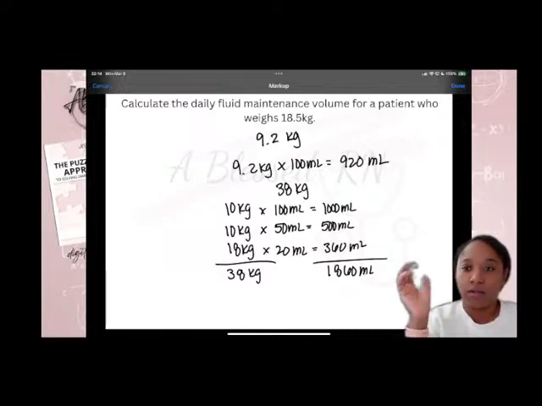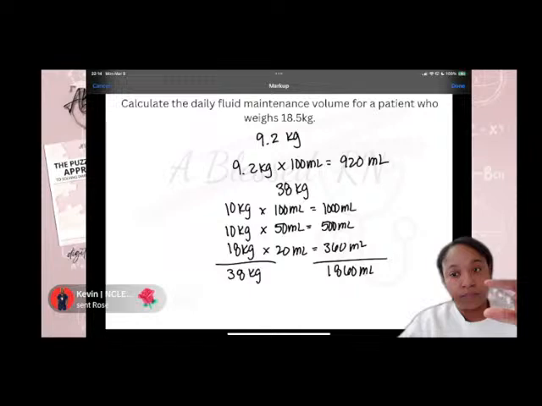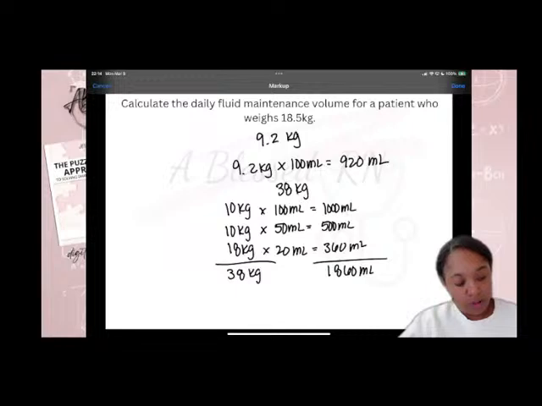Oh, because you break it down. It's the first 10 kgs. It's the second 10 kgs. So that's 20, right? So we're trying to get up to 38. We're trying to equal the patient's weight. So for that last one, 38 minus 20, so 18 was left. So it's 10, 10, and then the rest.